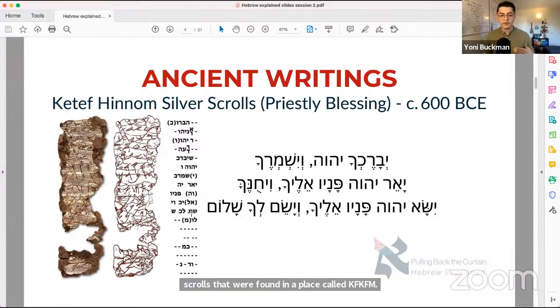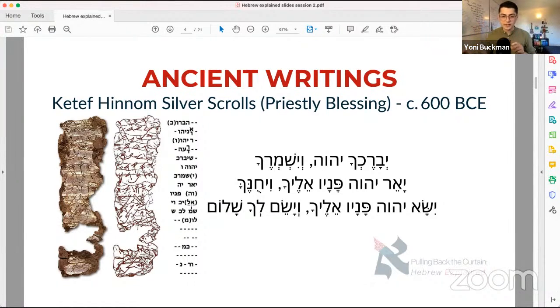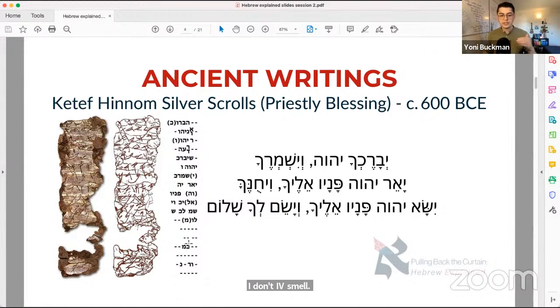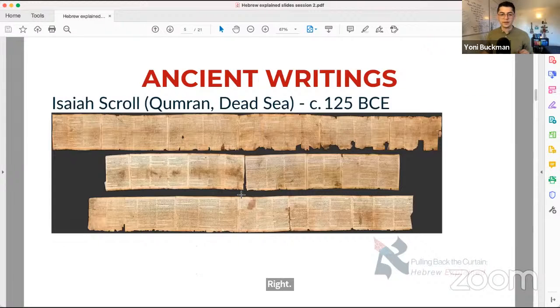Ya'er Adonai panav elecha. The parentheses that you see in the Hebrew in this middle column are basically a piece of the inscription that's missing or has been corrupted because these silver scrolls haven't been perfectly preserved. But you can see that this is essentially the priestly blessing that we have today.